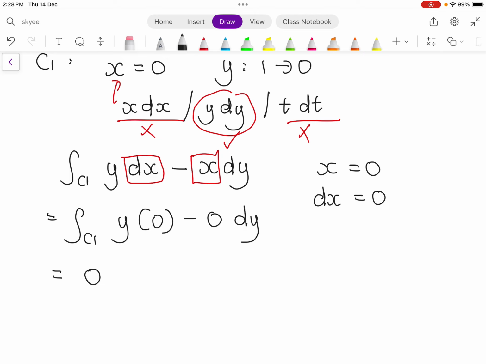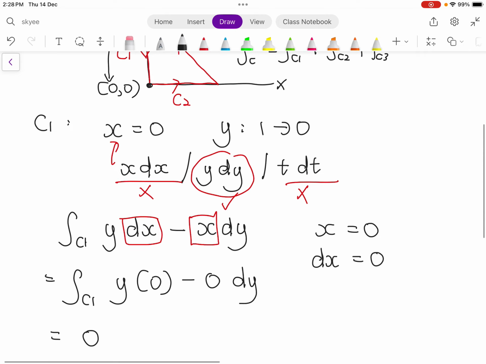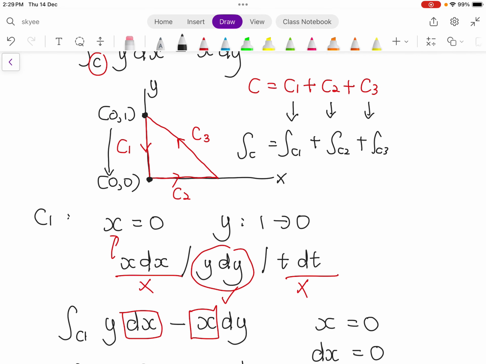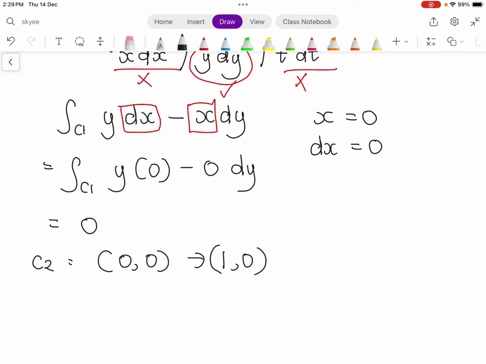Right. So we look at the path C2. Where is C2? C2 is from (0, 0) until (1, 0). I will write down C2 is from (0, 0) to (1, 0).